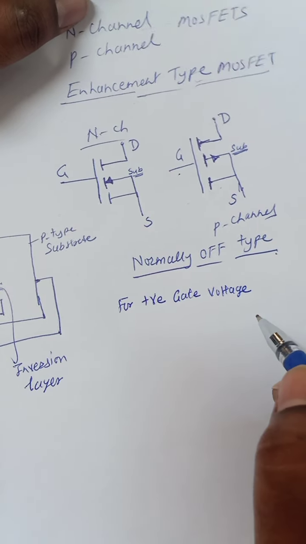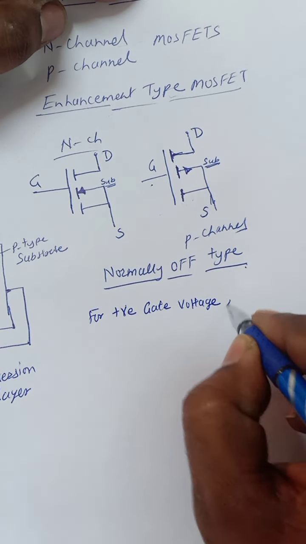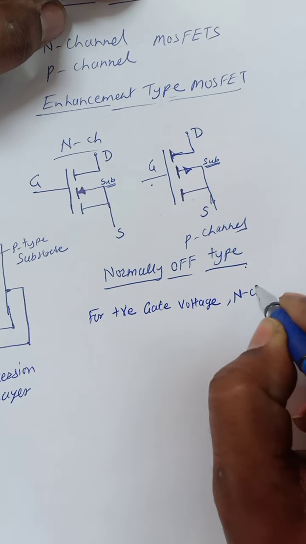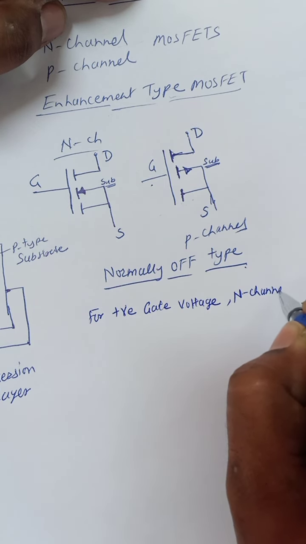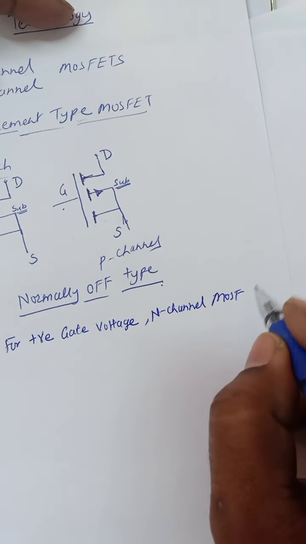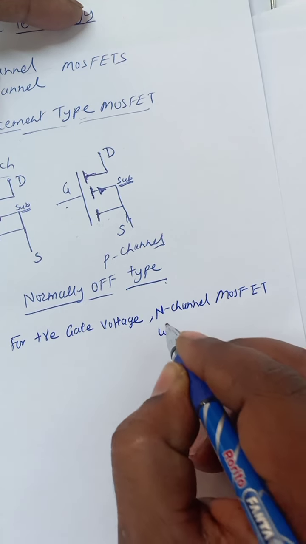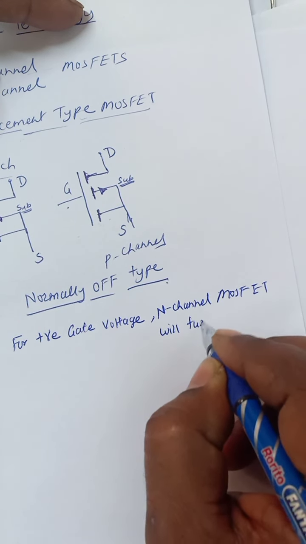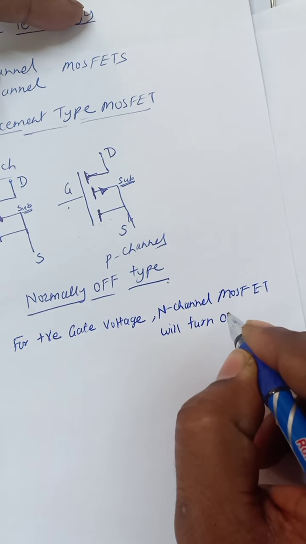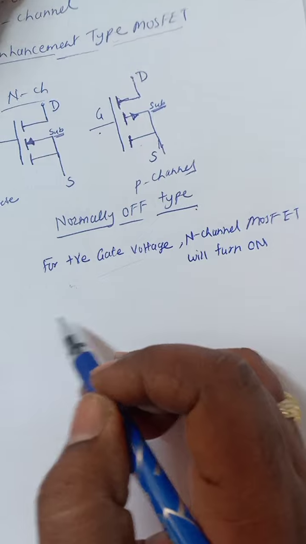So for positive gate voltage, the n channel MOSFET will turn on, and this is the most important point for the discussion.